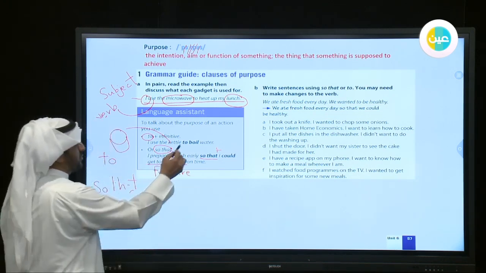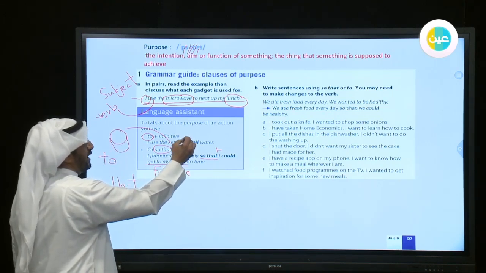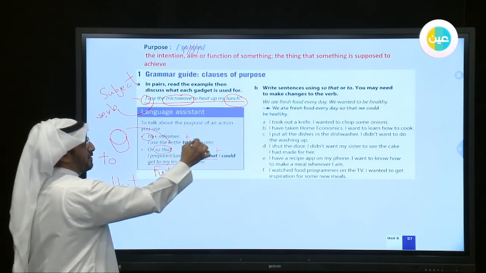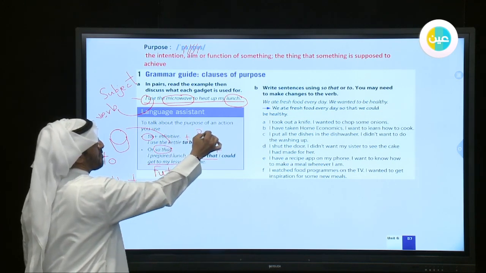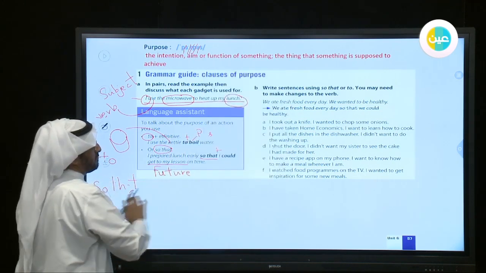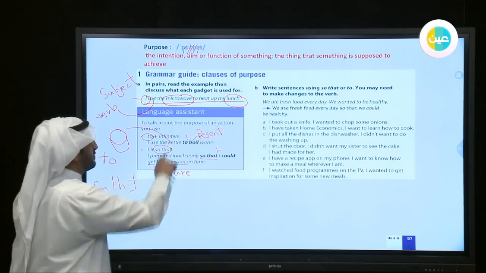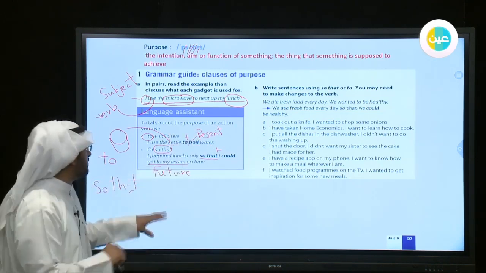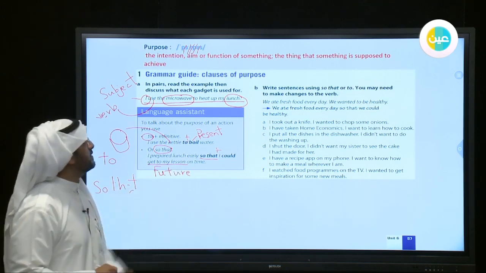We must use to, followed by the infinitive. This is present. Present and infinitive have the same meaning. Okay? Look at these examples.